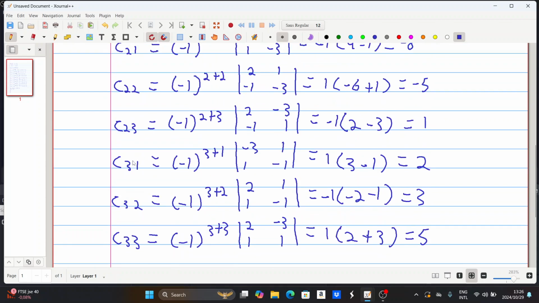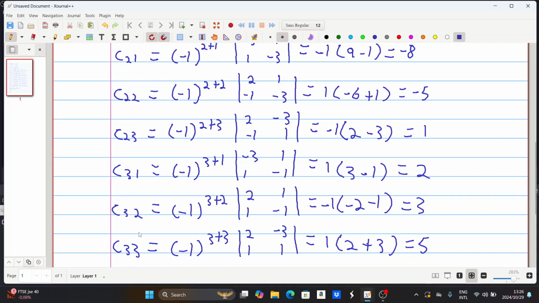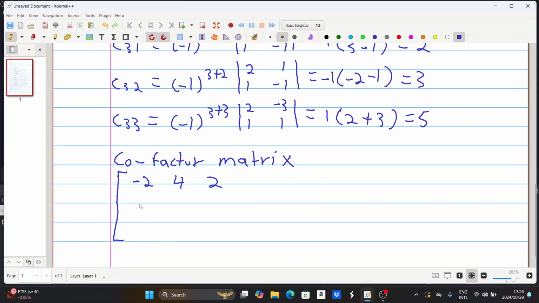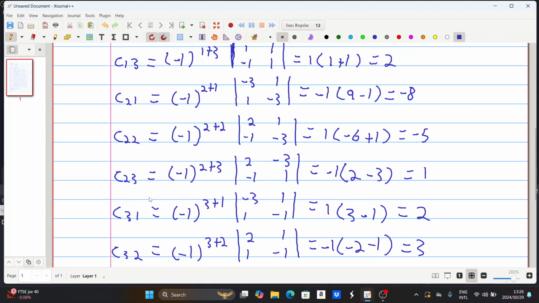And then for the second row, we're going to start from 21. So it's minus 8, minus 5 and 1.